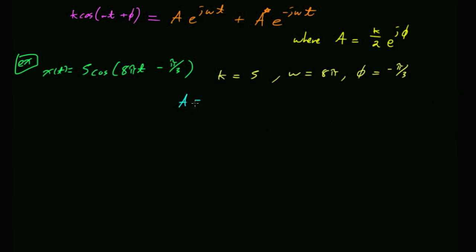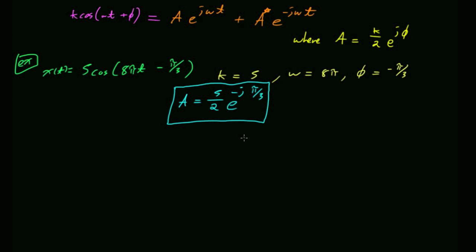Right, exactly. It's k over 2. So in this case, it's 5 halves e to the j minus pi over 3. We don't even need to write the conjugate, because we know what a conjugate is.